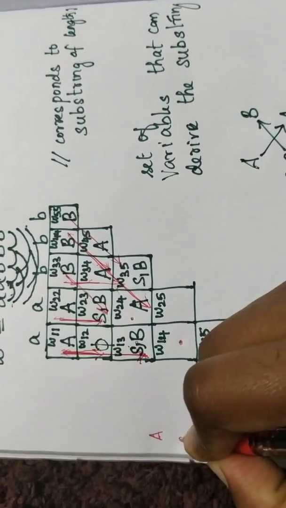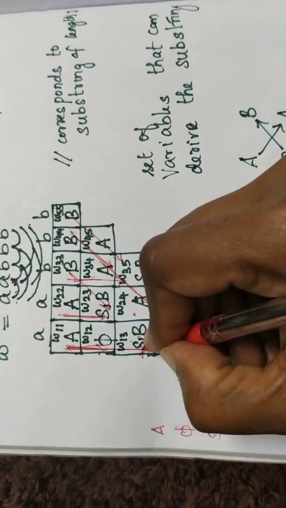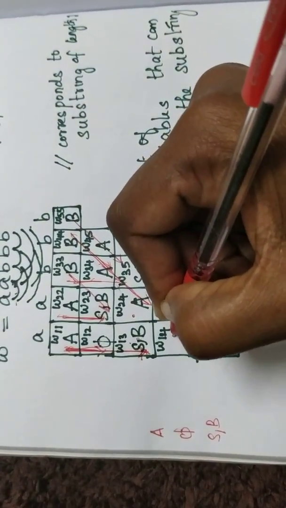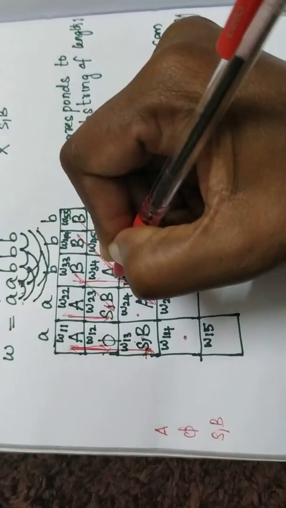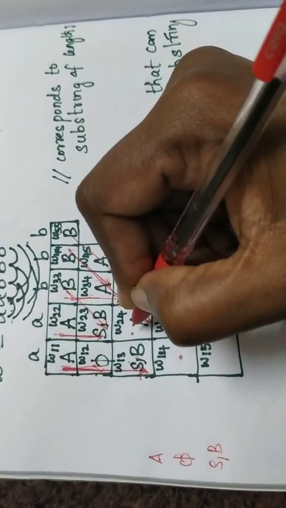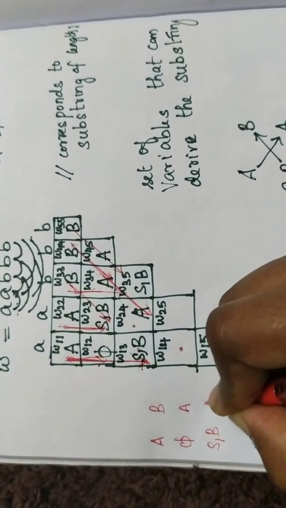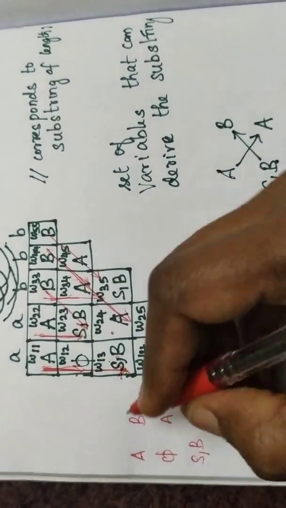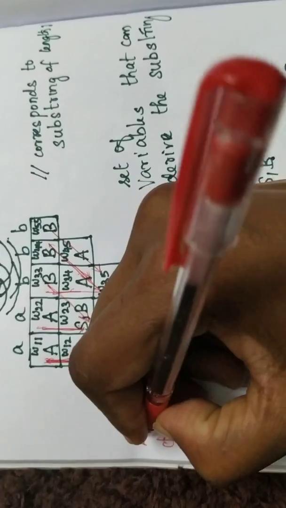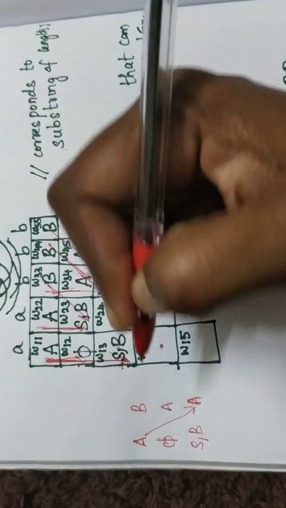A, phi, S comma B here, and diagonal to this B, A, A. So again we are going to combine the first one with the last one.